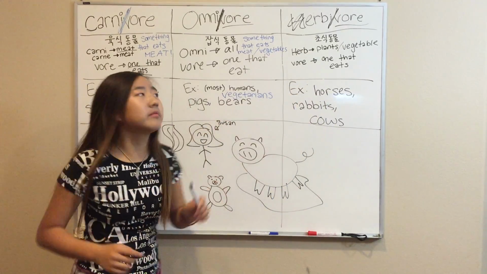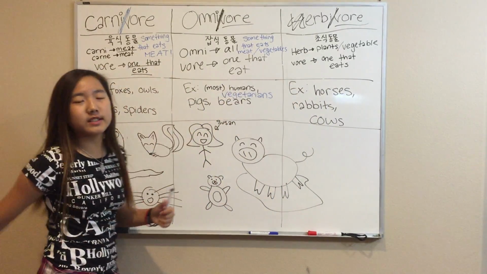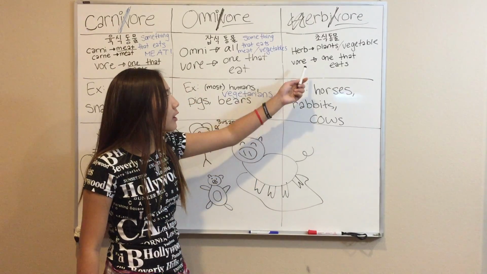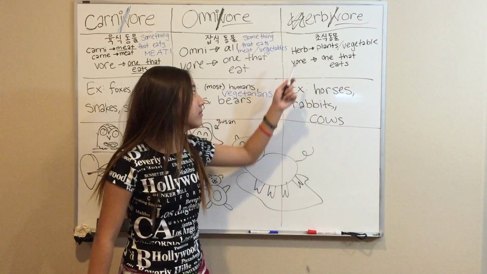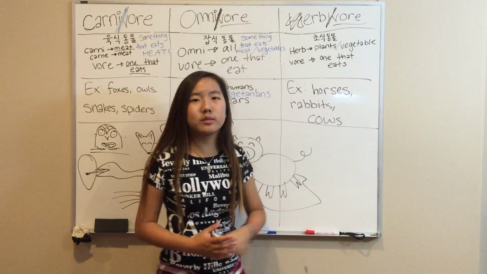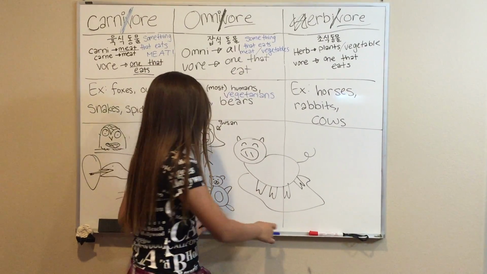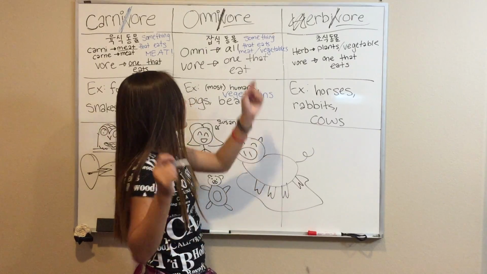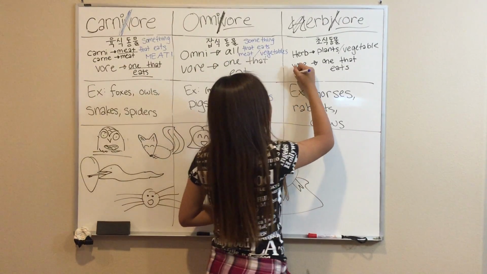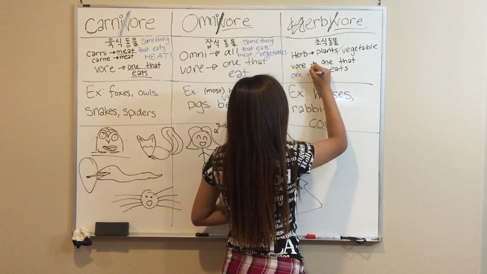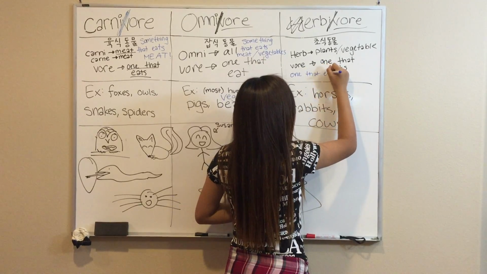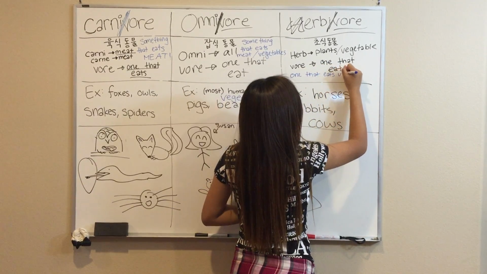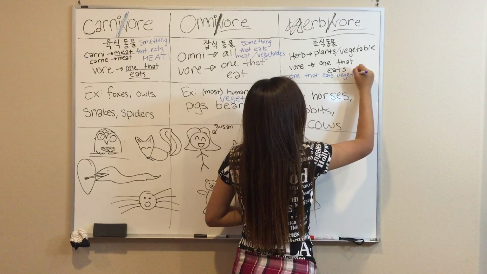So think about it again. Use these two as kind of a reference. Think about it. Vor, one that eats herb, plants, and vegetables. So obviously, like we did on these two, that would mean one that eats vegetables.